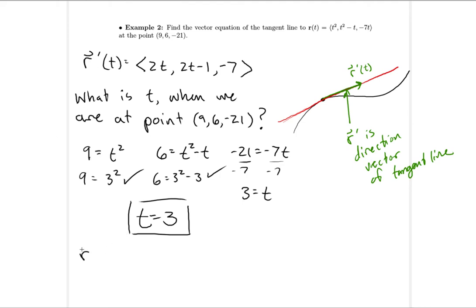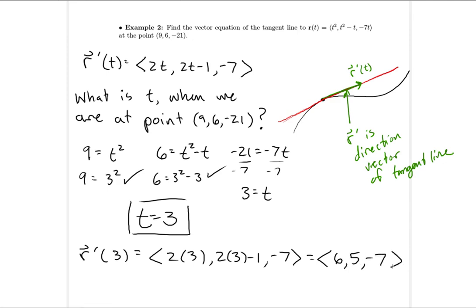So r prime of 3 equals 2 times 3, 2 times 3 minus 1, negative 7, so 6, 5, negative 7. That is our direction vector, right? It's our direction vector.